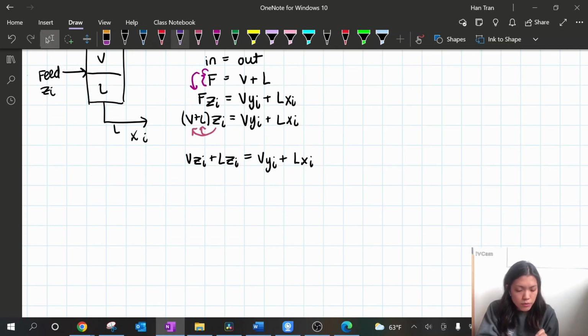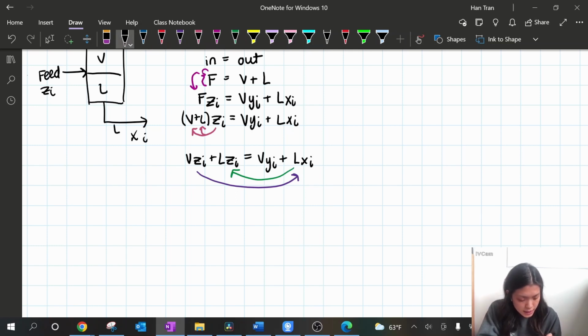If we move like terms to the same side, we get the liquid times the feed mole fraction minus the liquid times the liquid mole fraction equals the vapor times the vapor mole fraction minus the vapor times the feed mole fraction.